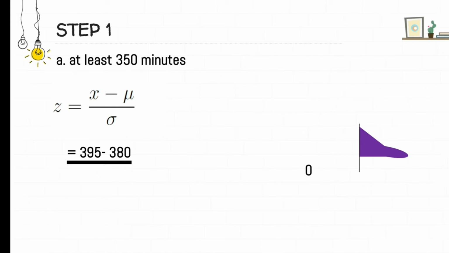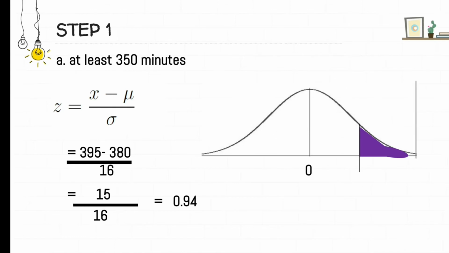So for our score, we have 395 minus 380, and our standard deviation is 16. So 395 minus 380 is 15, divided by our standard deviation, which is 16, and we obtain 0.94. If we plot 0.94 on our curve, it falls to the right side of the mean.